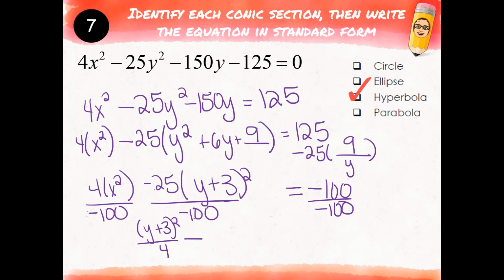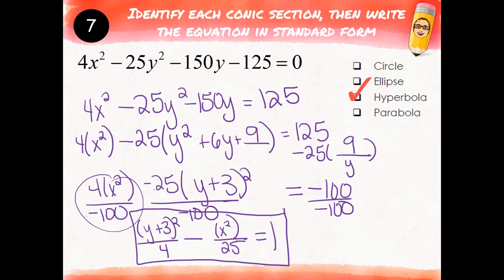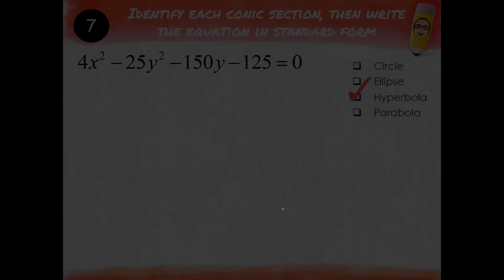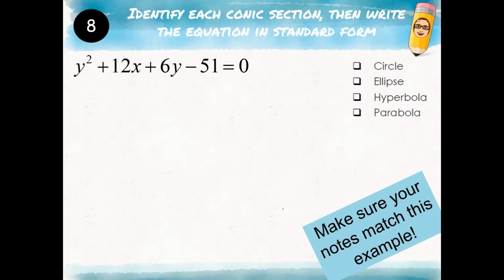And now that negative is going to stay with this division, so I am going to take that negative, put it in the middle, and simplify 4 over 100, which is 25. And now I'm equal to 1. I have completed the square, and I have found my hyperbola's general or standard form.